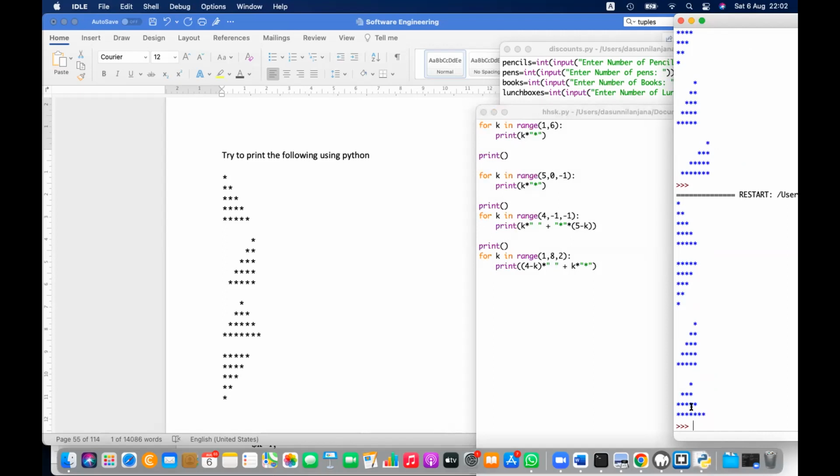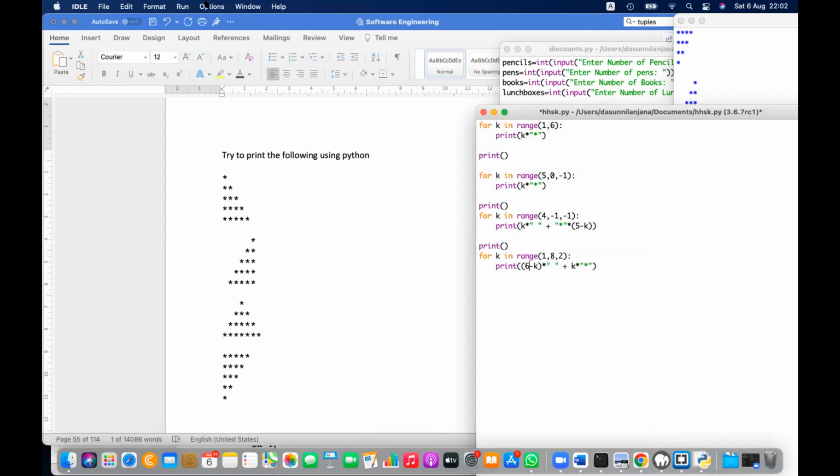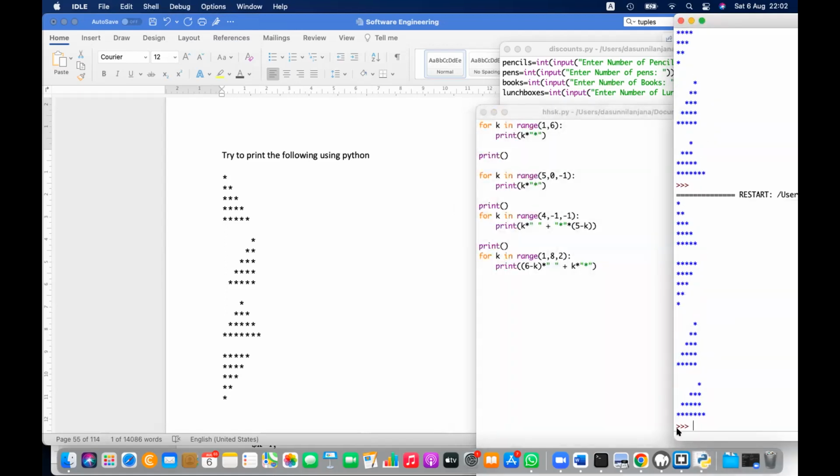Okay, you are getting something closer, but not the same. So let's try 6 minus K. You just have to try, put in values. Okay, you are getting this. Still not the one that you expect. This is something closer, but again not. Maybe 5 minus K.